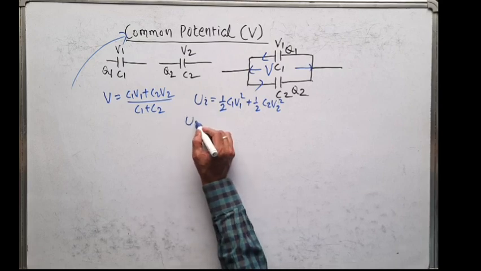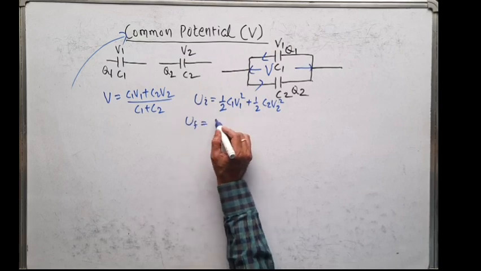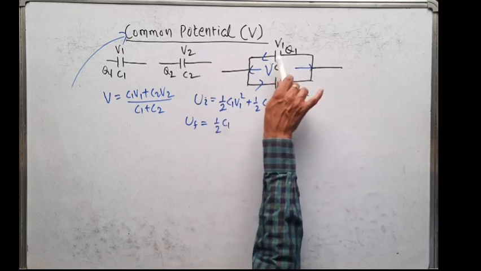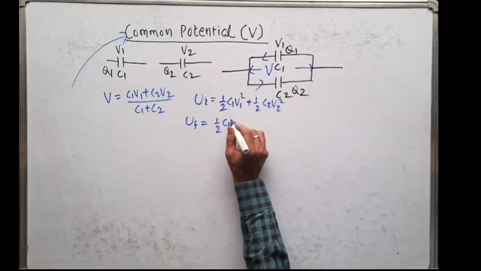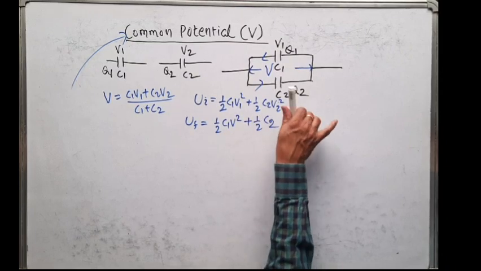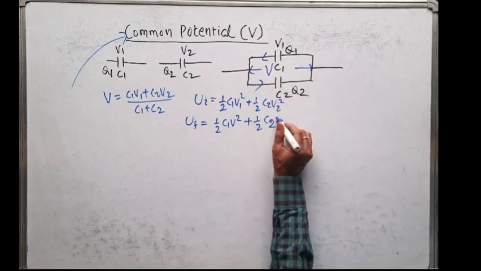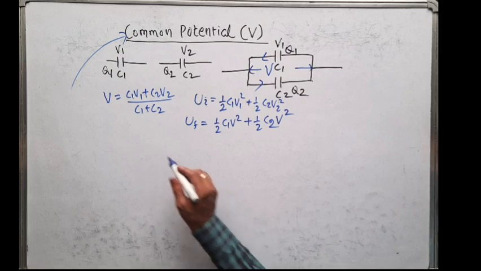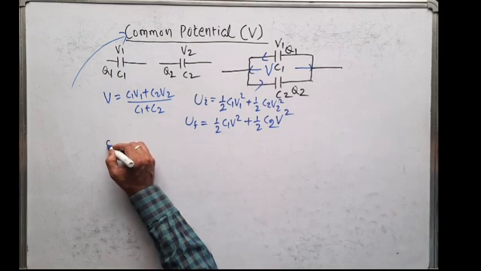And after combination, the final energy will be what? Half C1, capacitance will not change, but voltage is changed from V1 to V, that is V square, plus half C2. Across this C2, voltage is V, not V2, so V square. So this is the final energy. Now we will find the difference of energy.